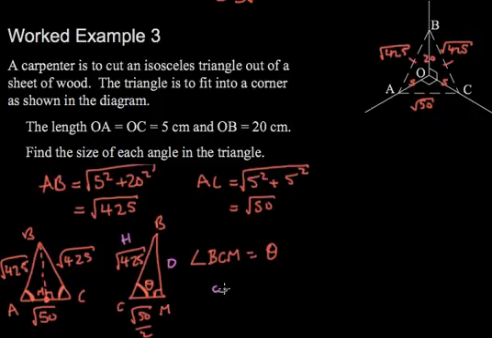So I've got cosine theta will be the A over H, which is root 50 over 2, all divided by root 425. Notice I put the numerator fraction with a slanted division sign, and that's just to avoid confusion with the larger fraction here.